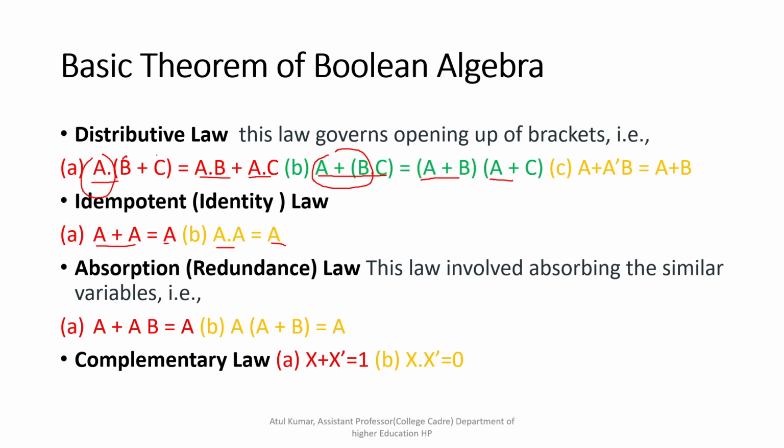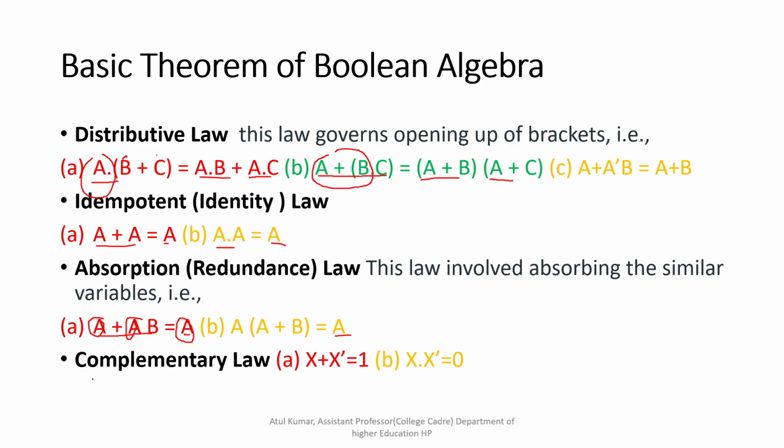The next law is the absorption or redundancy law, and it involves absorbing the similar variable. In a plus ab is equal to a, we have a variable a, and here we have this variable a again, so it absorbs this similar variable and the result is a. Similarly, a dot (a plus b), the result is a.